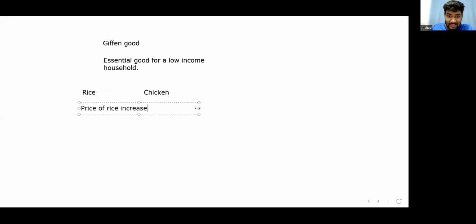So if the price of rice increases, what do you think people would do? Will they buy less rice and buy more chicken now? What will this poor household do? What do you think will be running in these poor people's heads?